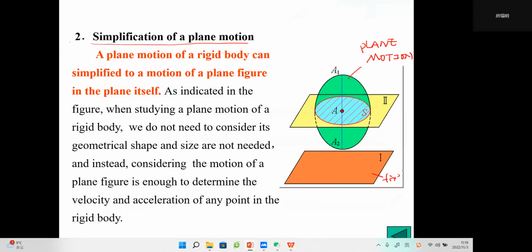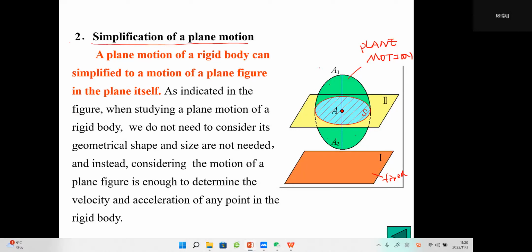That means although this body has a complicated plane motion, any point on it will always have a fixed distance to this reference plane. So that's why we call this movement plane motion.